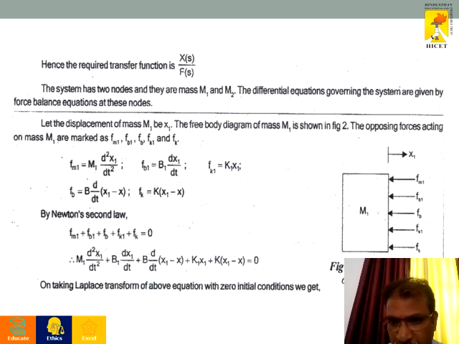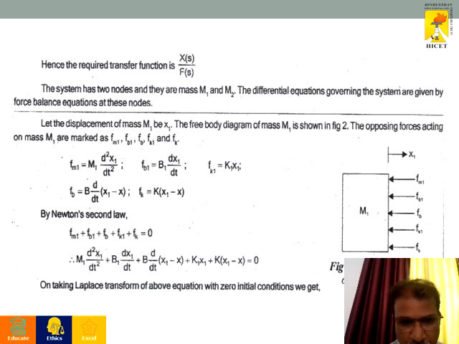So these are the opposing forces, that is on mass m, Fm1, and the opposing force due to dashpot B1, the opposing force due to dashpot B, the opposing force due to spring K1 and spring K. So we need to write the different equations for all these opposing forces, and then by applying Newton's second law, we are going to equate the force applied is equal to force opposing. So we get this equation.